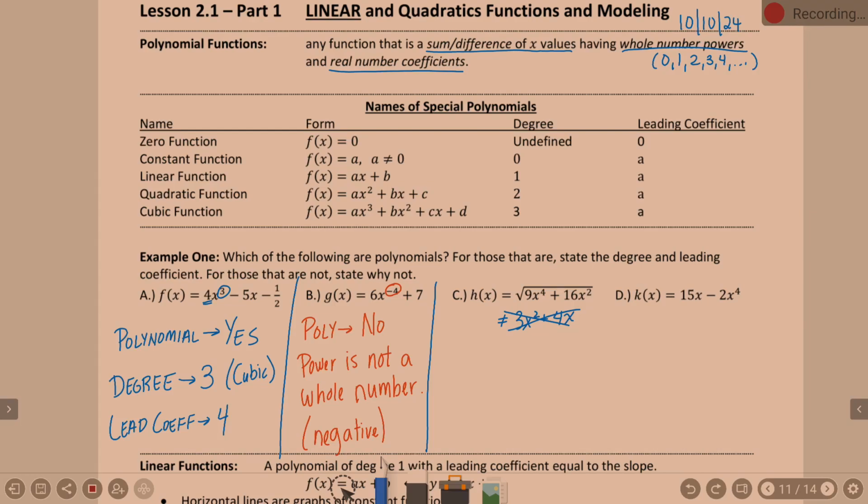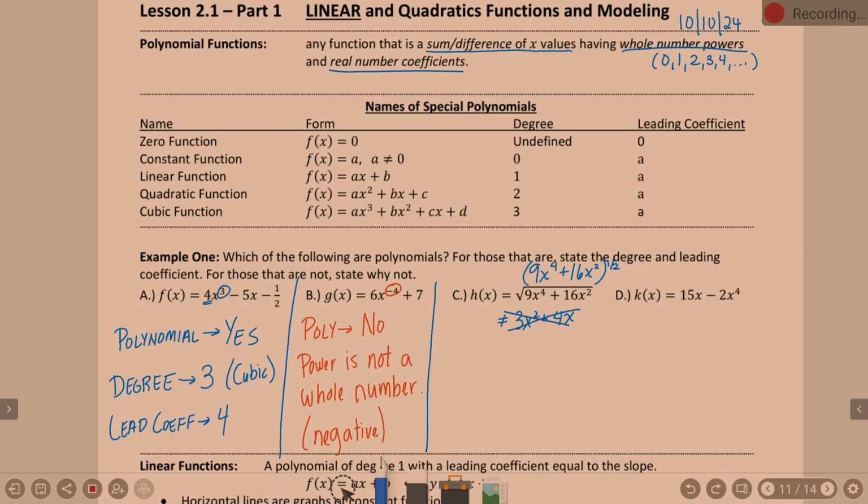Which means this could also be 9x to the 4th plus 16x squared raised to what power? What power is a square root? 1.5. Remember, it's a fraction, right? Which is multiplying. So therefore, it's not a polynomial, I would say, because it's raised to a non-whole number power.